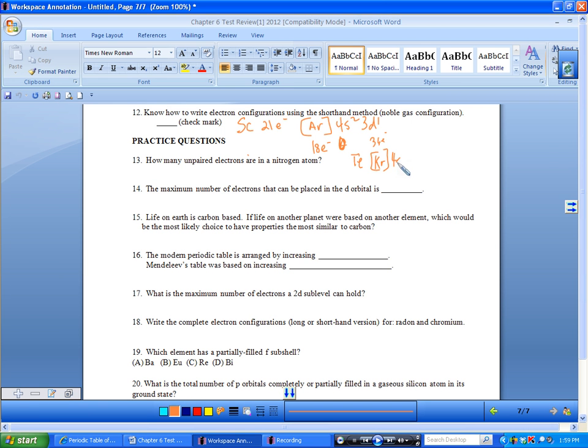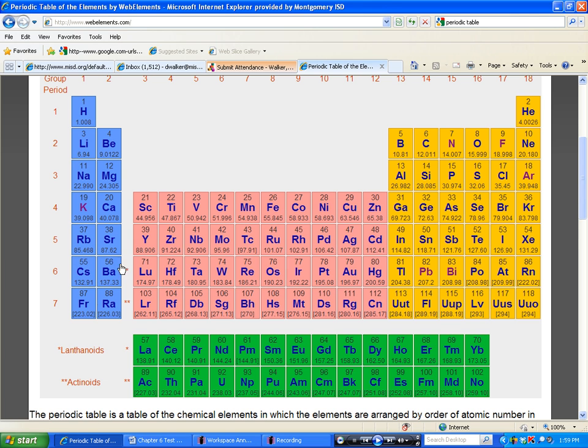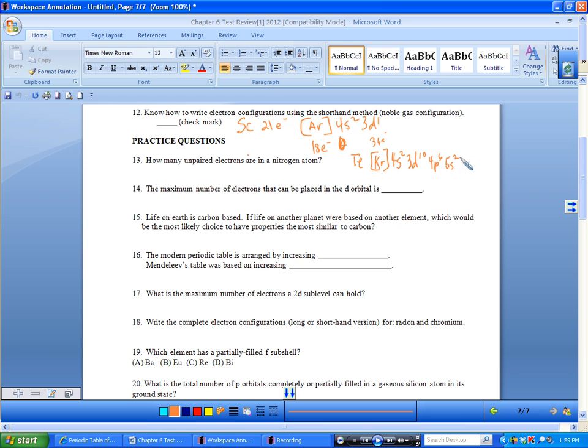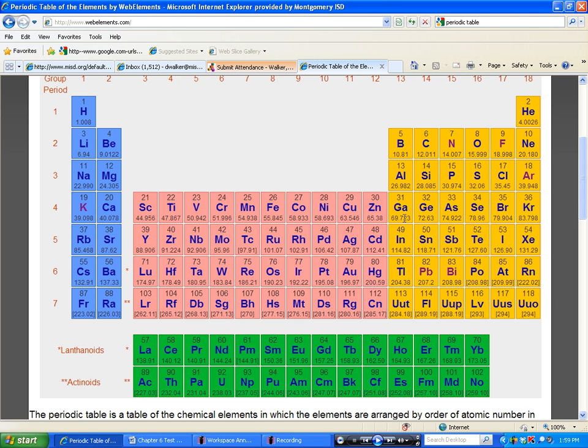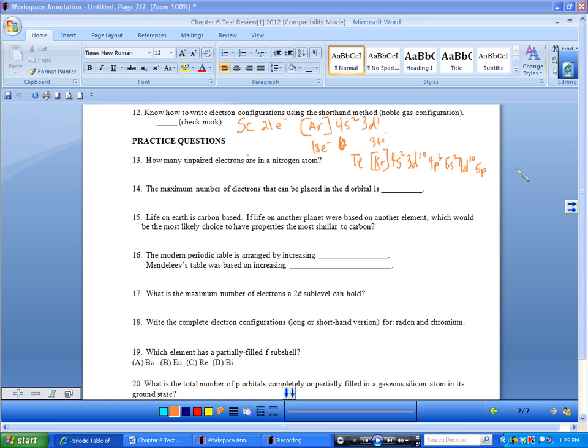So I'm going to have 4s2, 3d10, 4p6, 5s2, and after 5s2, I believe my next one is going to be 4d10, and then 5p, but I have to figure out how many p's, so I count my electrons: p1, p2, p3, p4, so 5p4, and there is tellurium.